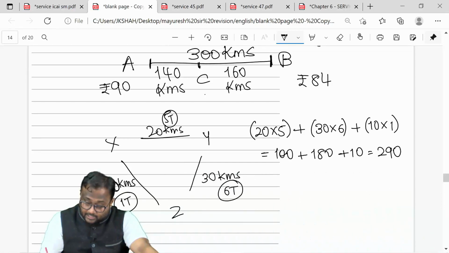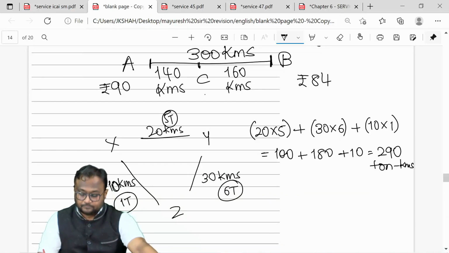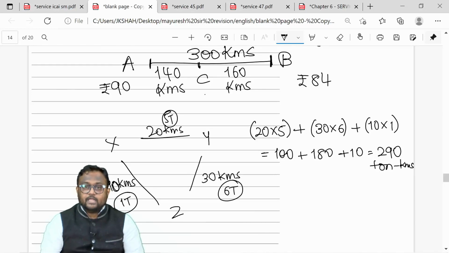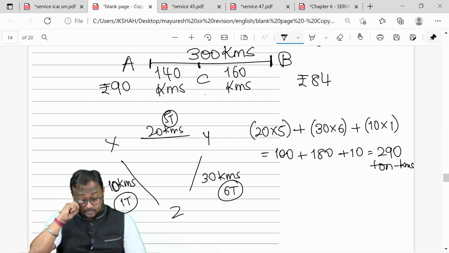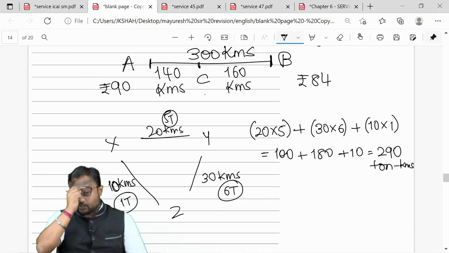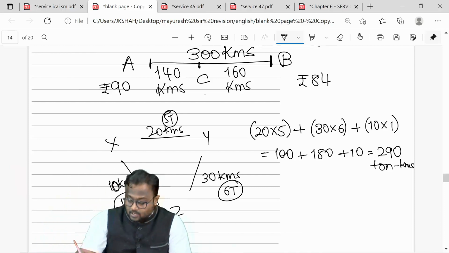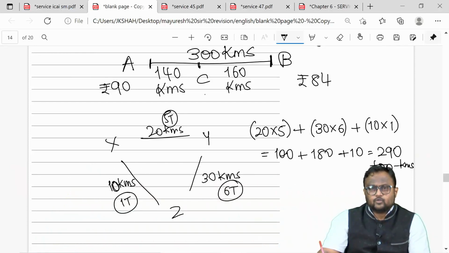So 290 ton kilometers is the answer. 20 kilometers with 5 tons, 100; 30 kilometers with 6 tons, 180; 10 kilometers with 1 ton, 10. So 290 is the answer. Whenever there is a change in the load, you change the calculation.